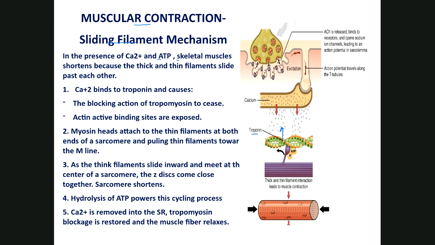They slide over each other, and therefore the Z discs come closer to each other. The hydrolysis of ATP to ADP and phosphate also powers this cyclical process. When calcium is removed back into the sarcoplasmic reticulum, the tropomyosin blockage is restored and the muscle can relax.